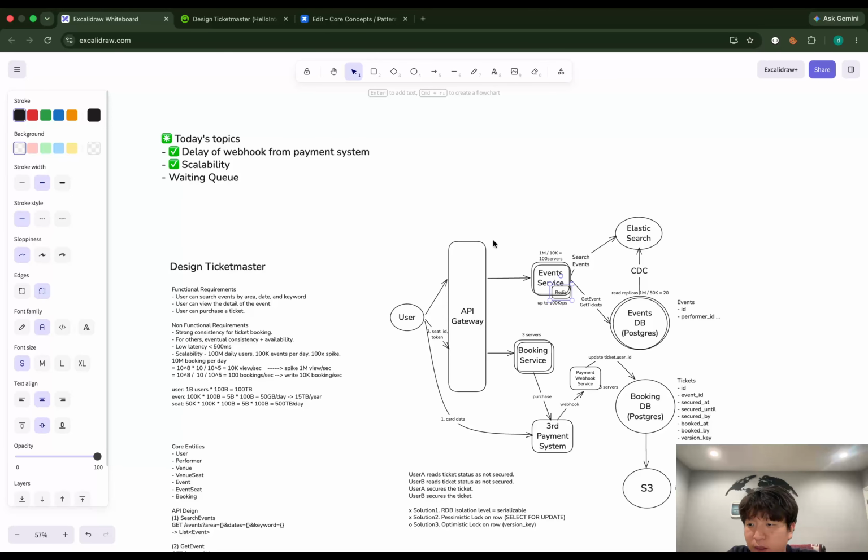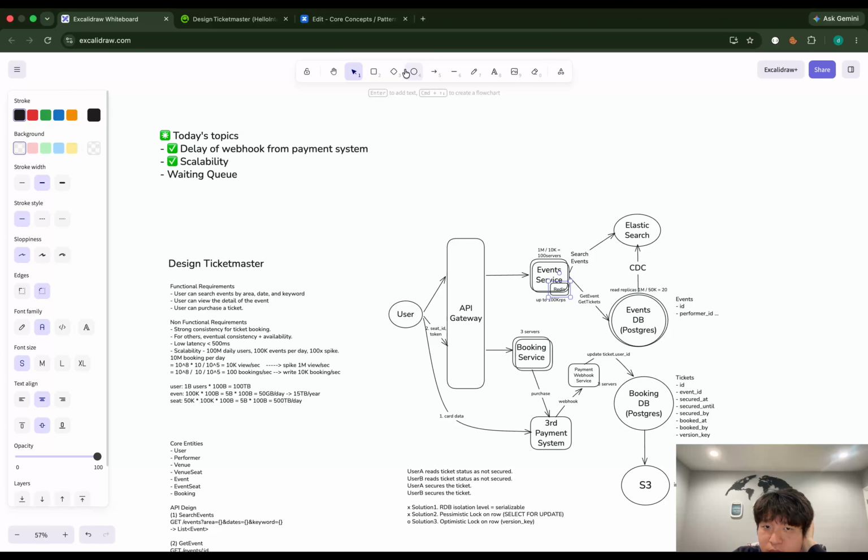Okay, so this is what I will design from now. So for this waiting queue, of course, we need the waiting queue. So let me get started with that.